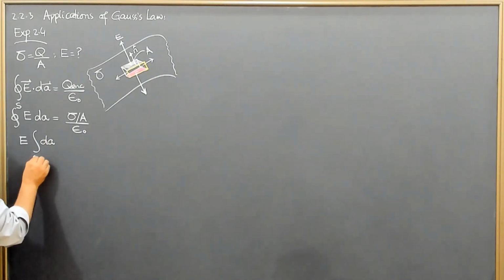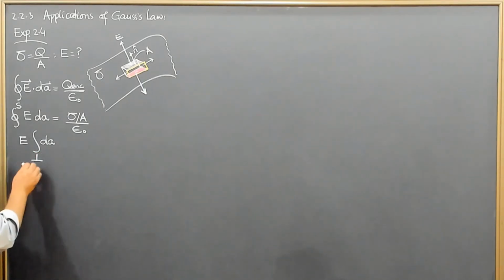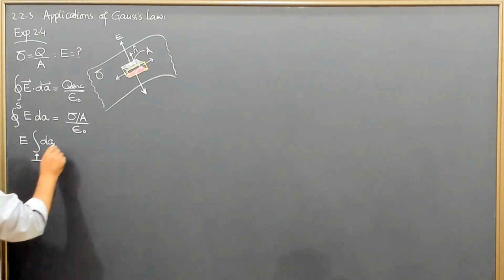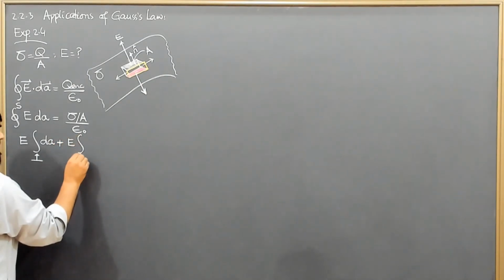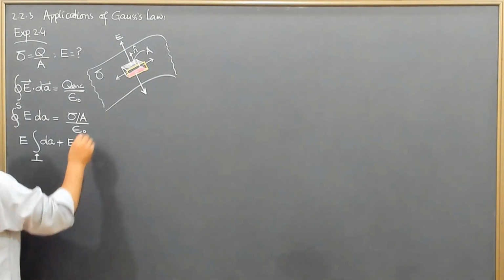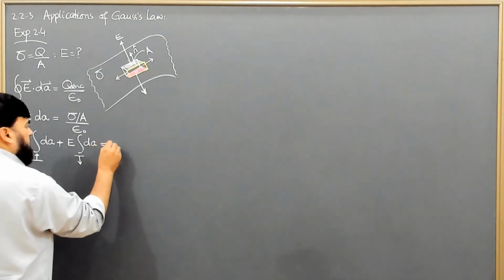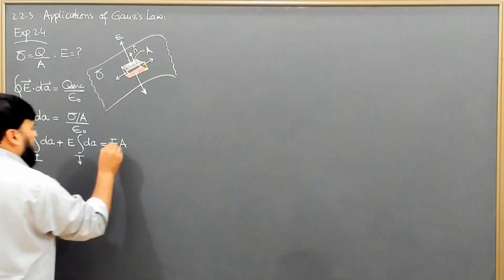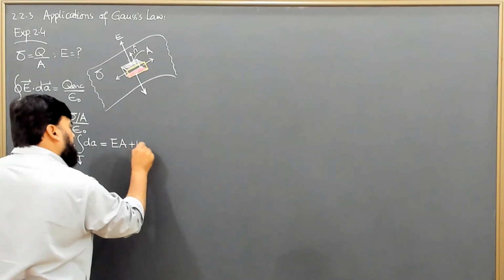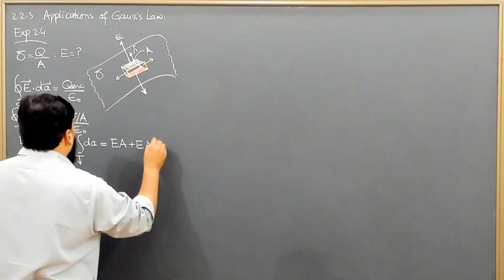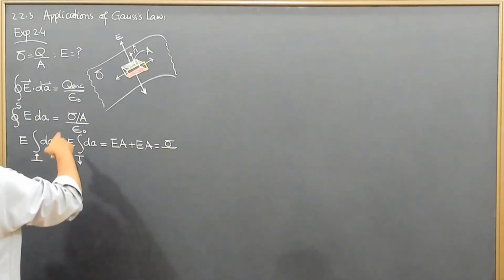So let's say this is the upper area, and then we have the electric field here, and this is the downward area here, and dA, and this is equal to EA, because area of this side is A, plus the area of the other face, this is also A, and this is equal to sigma over, this is Q enclosed.